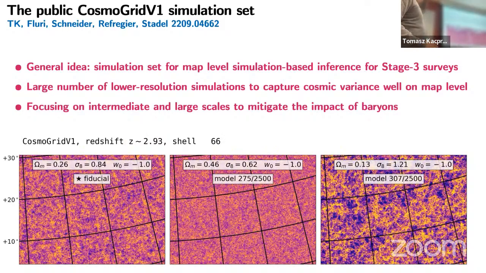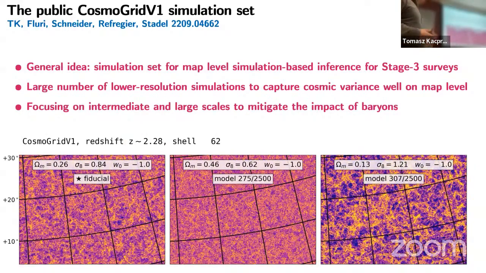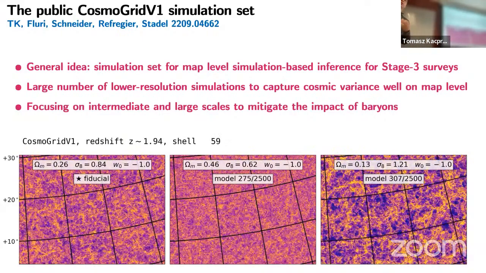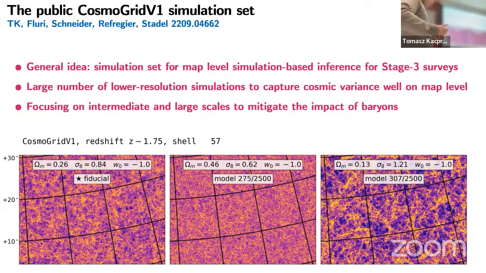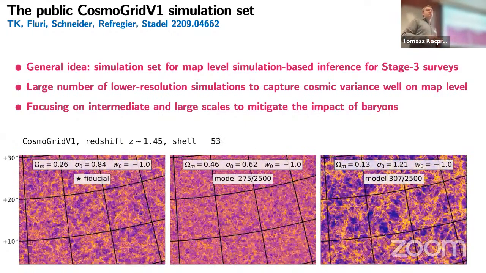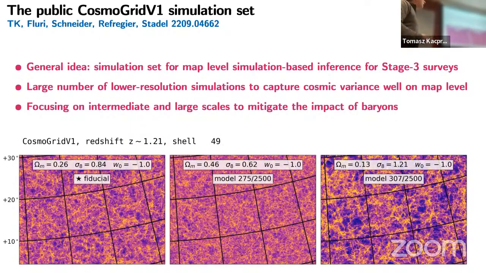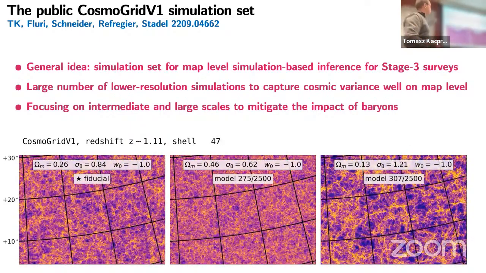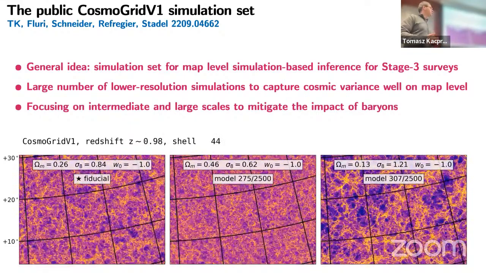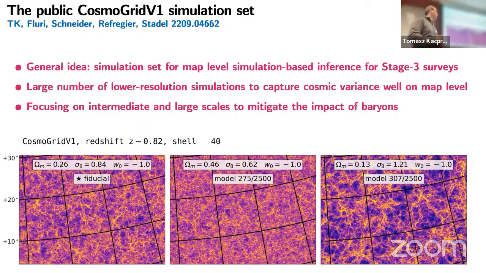We ran this large simulation set, and we didn't want to go to too high a resolution in the configuration of the N-body. So the particle size was medium compared to what's possible at the moment. We wanted to focus on the intermediate large scales to mitigate the impact of baryons, although we do have simple baryon feedback models in the simulation.